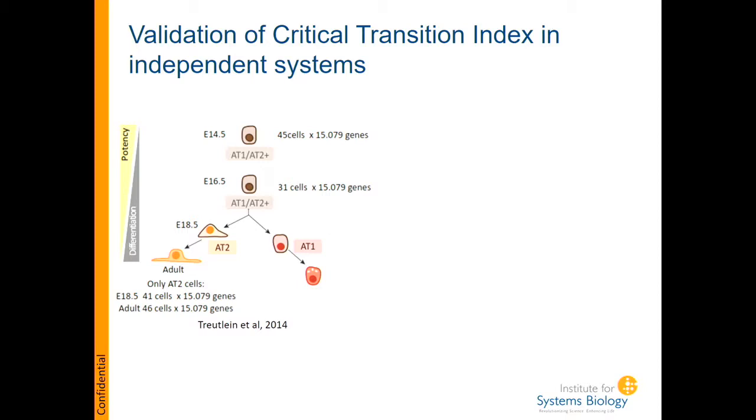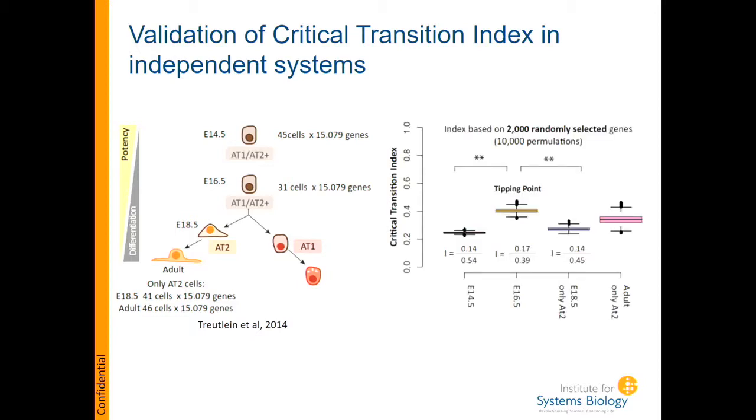So this is a lung differentiation, in vivo lung differentiation, where they did collect single cells and looked at single-cell RNA-seq. So we took out 2,000 genes, and we can still see the same behavior. When cells approach here, you see an increase in the IC value.